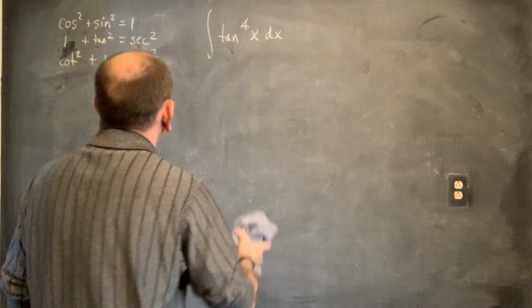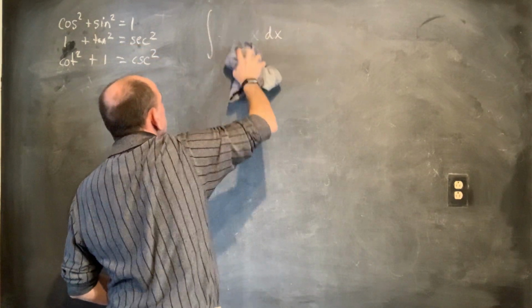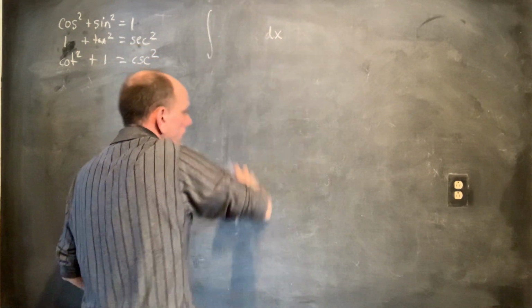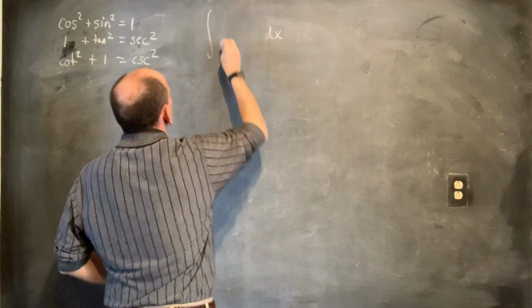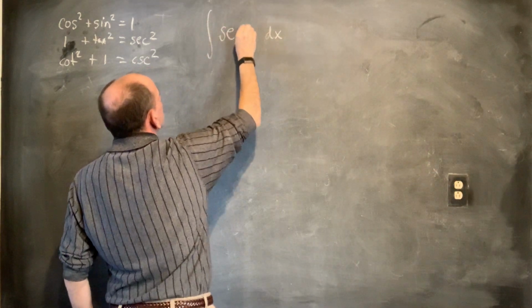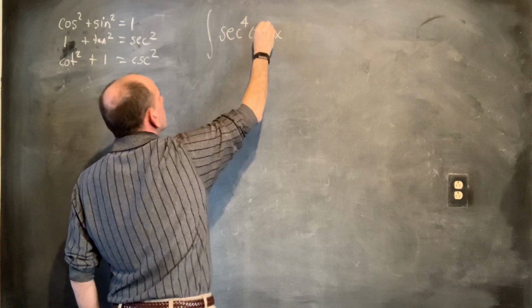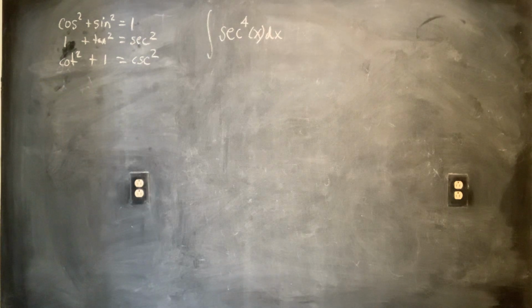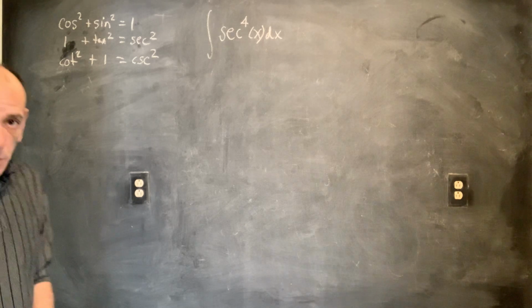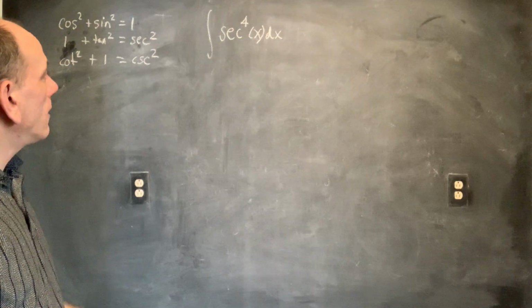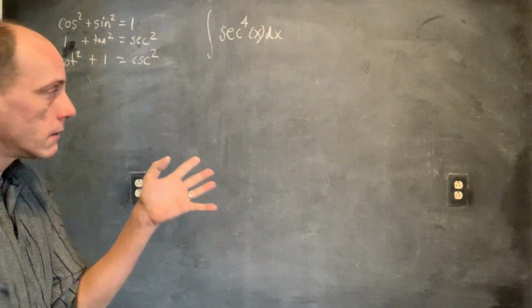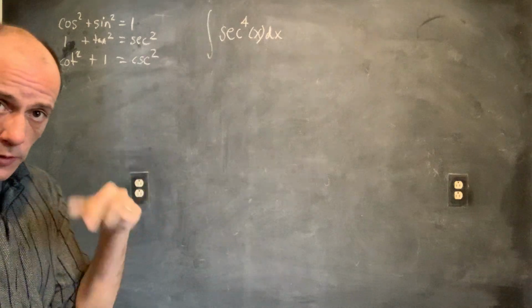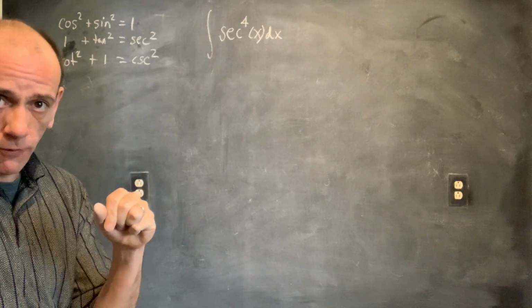Let's say what would happen if this was a secant. So secant to the 4th. Similarly, say, well, I'd like to u sub for secant, but then my derivative is secant tangent, so I need to get tangents involved here somehow.